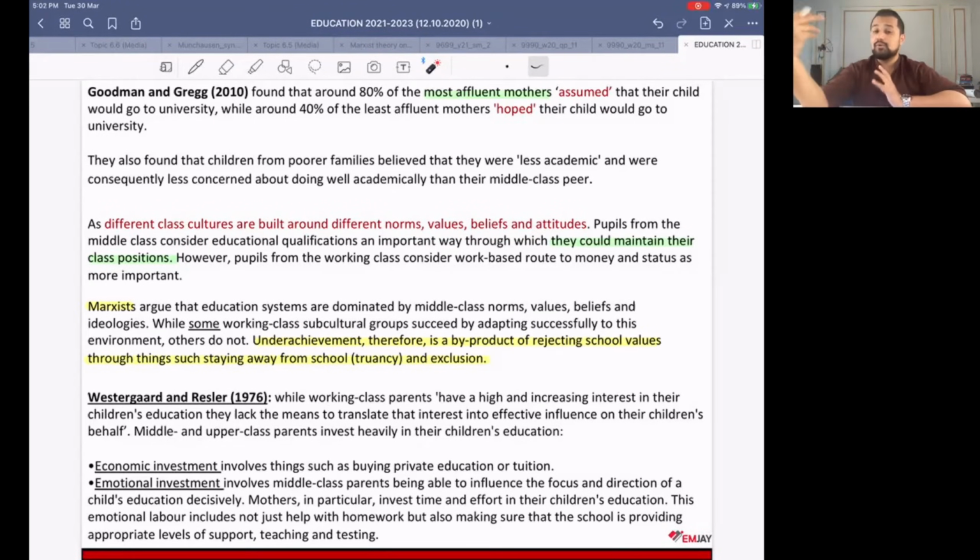I'm trying to give a counter argument to that. According to Westergaard and Ressler, it isn't that working class parents have no interest in their child's education, right? They do have interest, they're just not able to translate that interest into effective influence on the children's behalf, possibly because of lack of resources and funds, right?